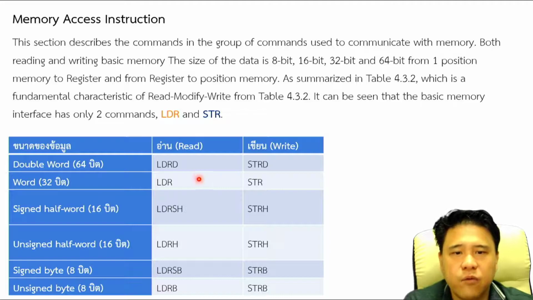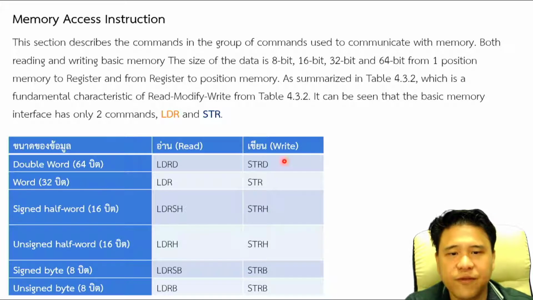And we add a suffix according to the size of the data, as I show here. If you find LDRH here, H means size half word. For the store, it means that you would like to store just only 16 bits into your specific location in the memory.